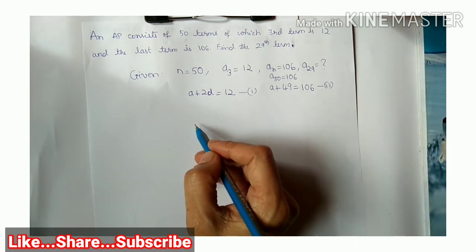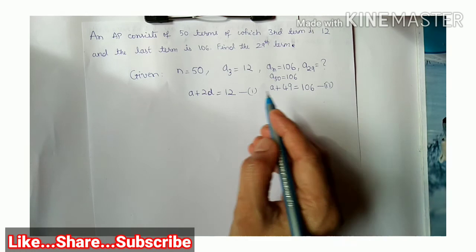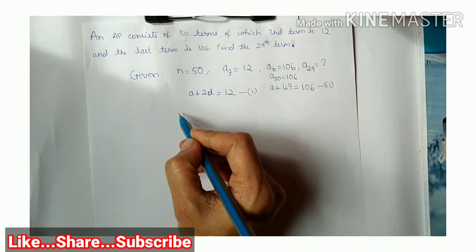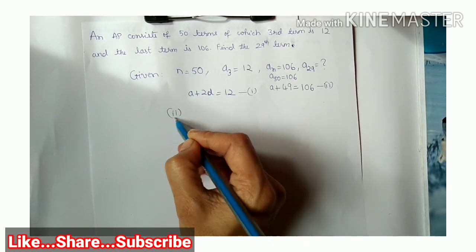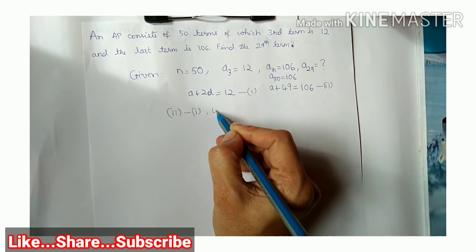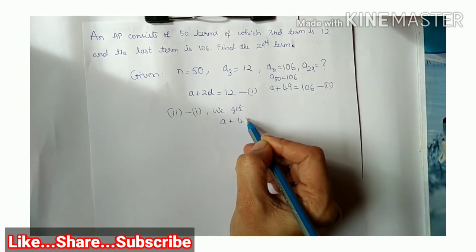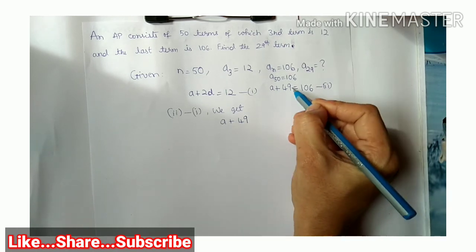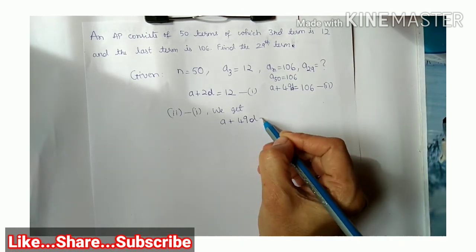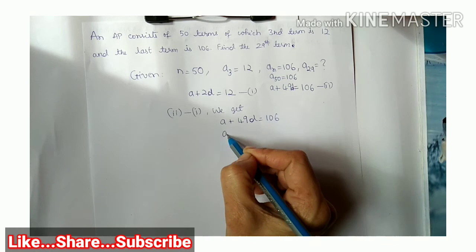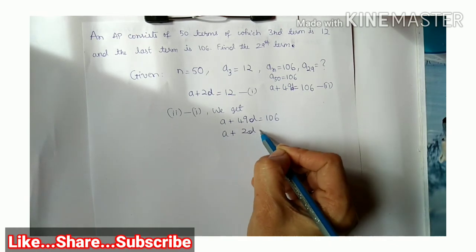Solving the pair of linear equations 1 and 2, we get equation 2 minus equation 1. a plus 49d is equal to 106, a plus 2d is equal to 12.